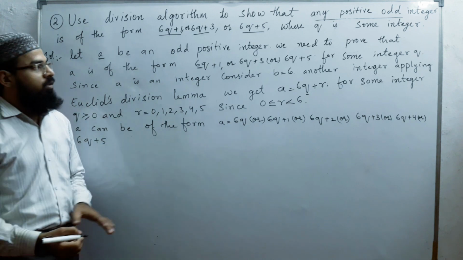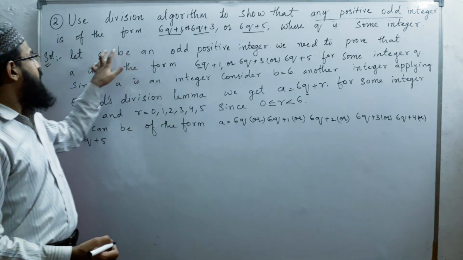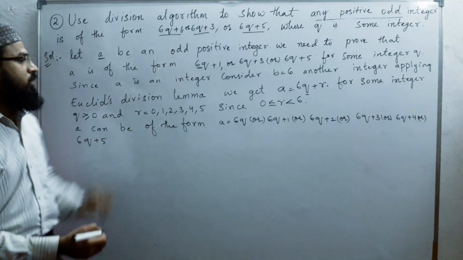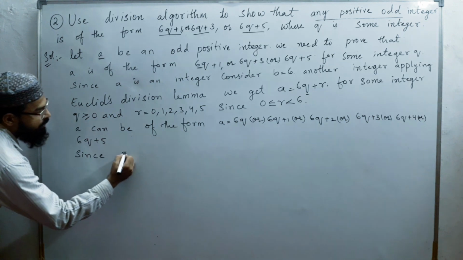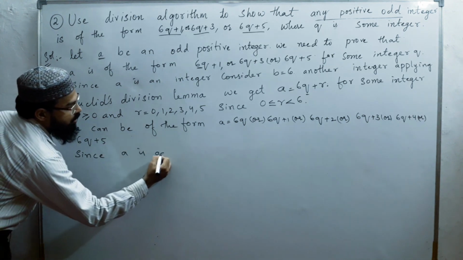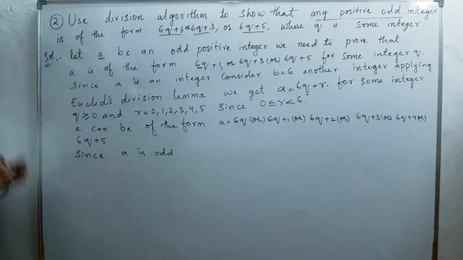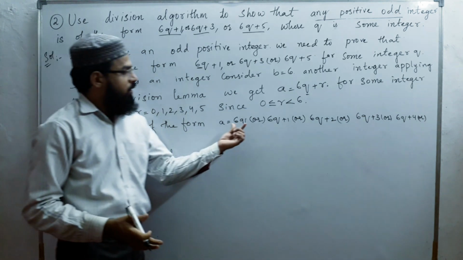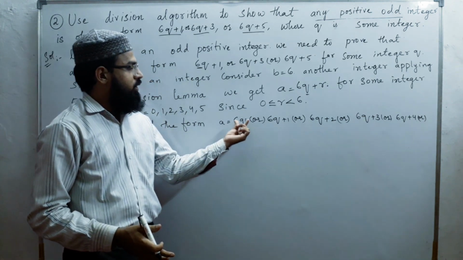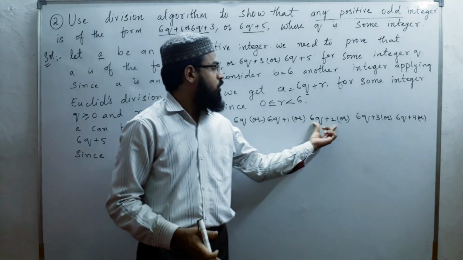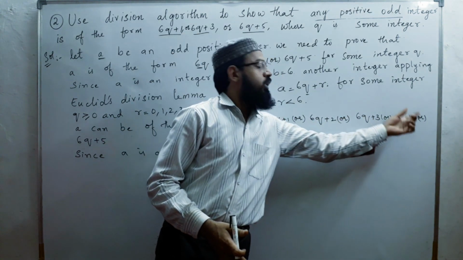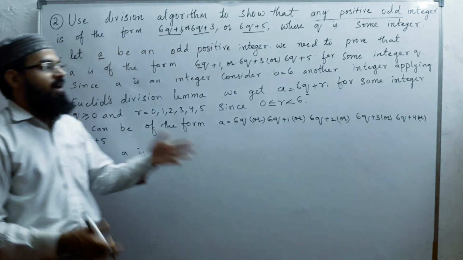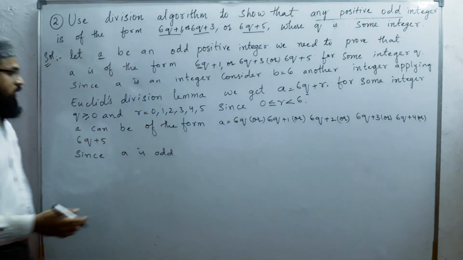As we know, a is an odd integer. Since a is odd, look at 6q: this is even. 6q plus 2 is also even, and 6q plus 4 is also even, because they are divisible by 2.